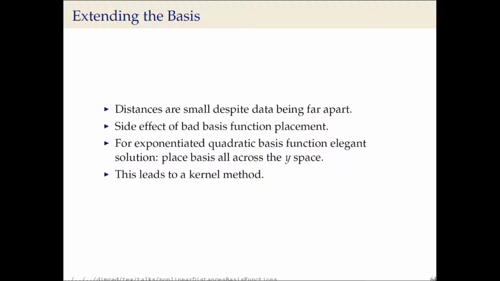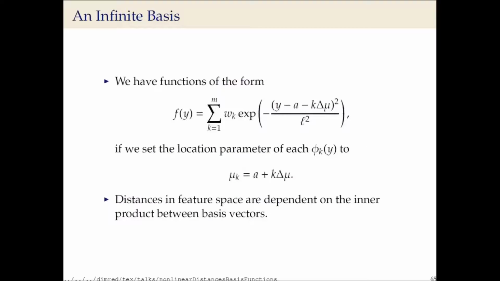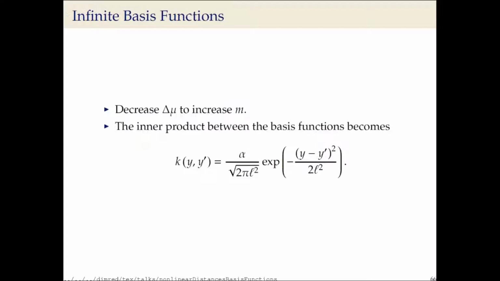So rather than having a parametric form, and I'm not going to go through the maths, you can say, well, I'm going to have a sum from k equals 1 to m of a load of basis functions, where the location of each basis function is of this form here, and then I'm going to take that sum to infinity, so that the basis functions are across the entire real line. And you can do this for quite a large class of basis functions, and what you actually get is a covariance function, a kernel function.